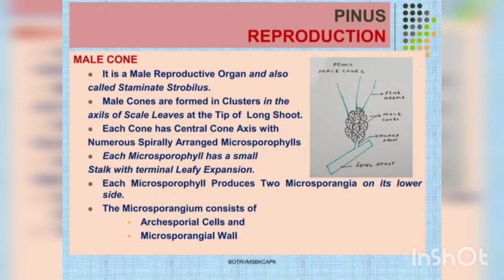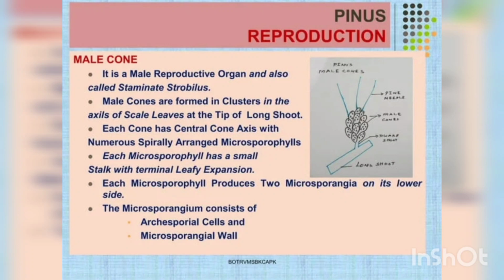Now, when we take the male cone, it is also called staminate strobilus. These male cones are formed in clusters in the axil of scale leaves at the tip of the long shoot. Okay, each cone has a central cone axis, and around the cone axis we can see numerous microsporophylls which are arranged spirally.